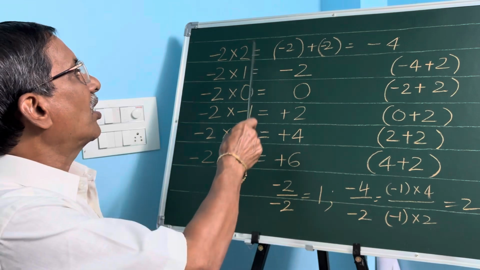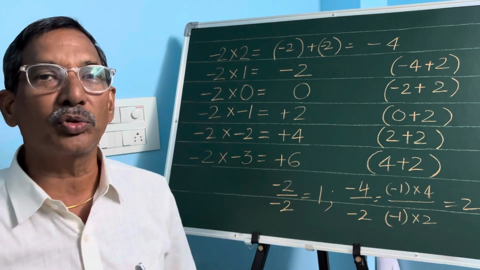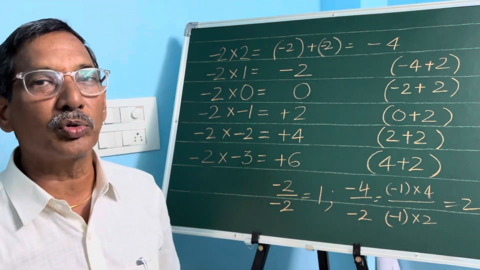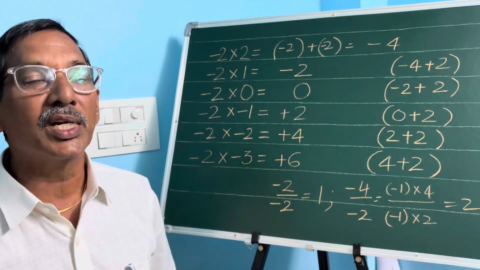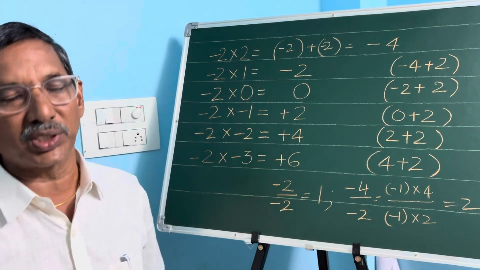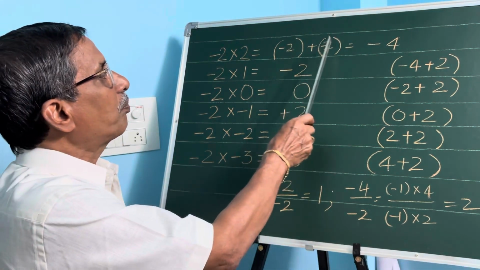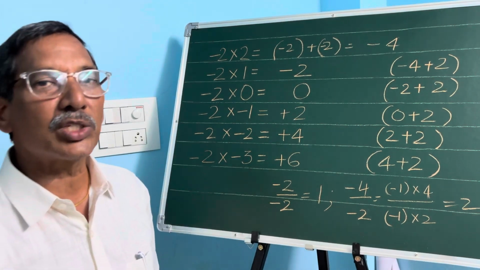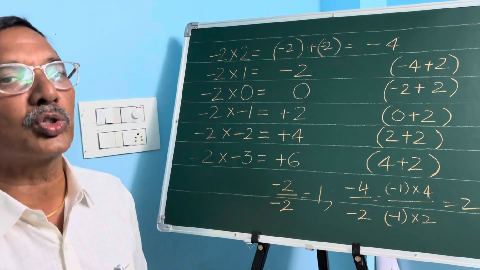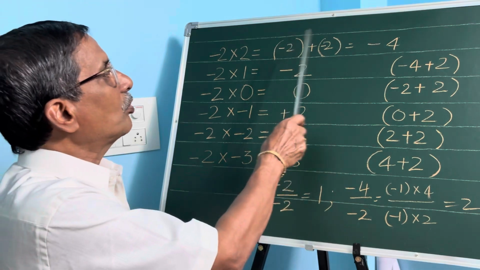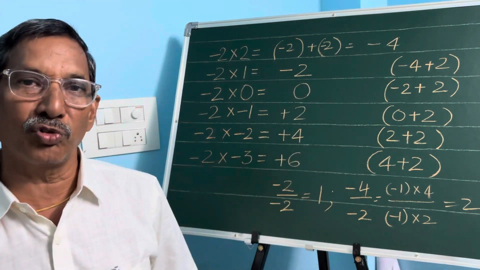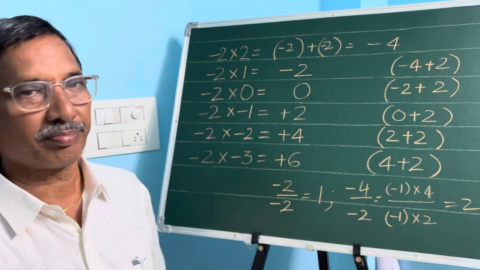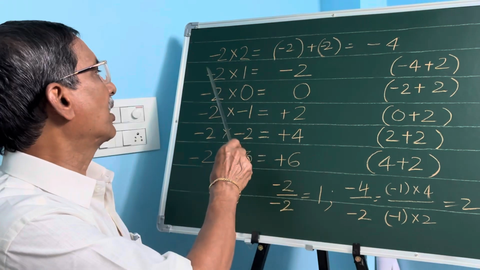Let us start from minus 2 into 2. Minus 2 into 2 means 2 minus 2's, that is minus 2 plus minus 2, which is minus 4. We know this well.